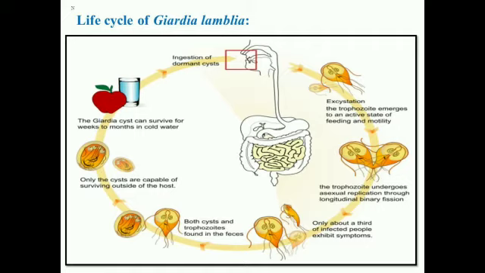The process is known as encystation, and these cysts will now pass in the feces or stool. These cysts are very resistant and are the infective form, and they can survive for many months, especially in warm climates. So that's the life cycle of Giardia lamblia.